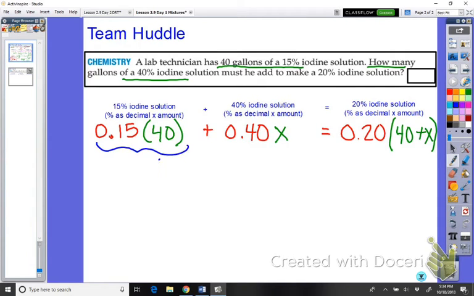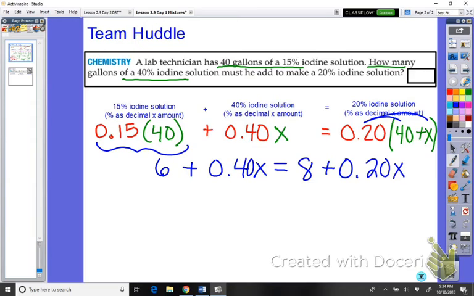So this becomes 6 plus 0.40x equals, distribute again over here, and you get 8 plus 0.2x. Variables on both sides again, you can start in 4 different ways. I'm going to choose to subtract 6 first.